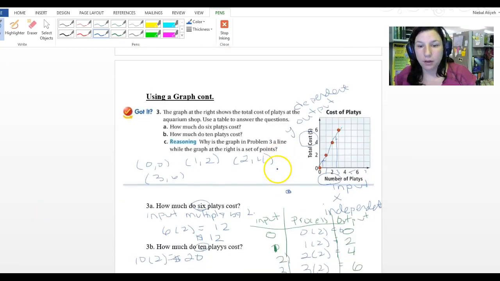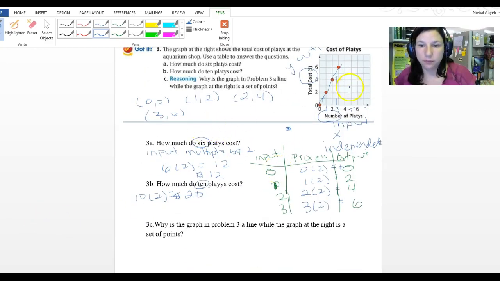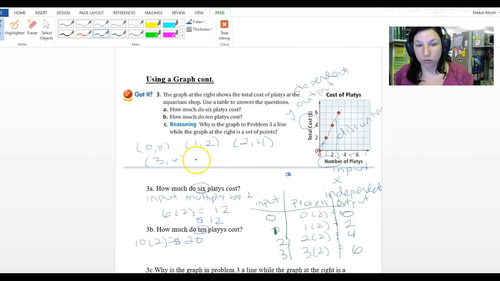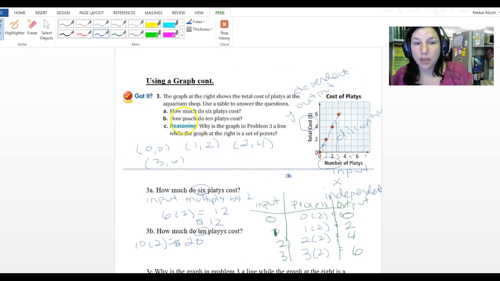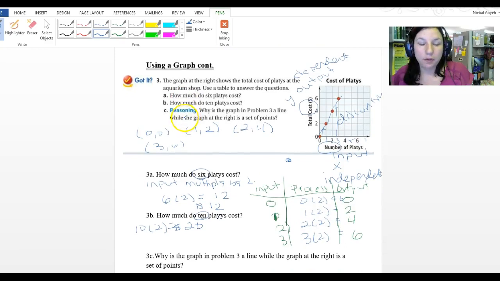But this graph here is discontinuous. Okay, it jumps from each whole number. Okay, because in this story problem, it doesn't make sense to have half of a fish. Okay, so if you have any other questions, reach out to us, and hopefully this was helpful.